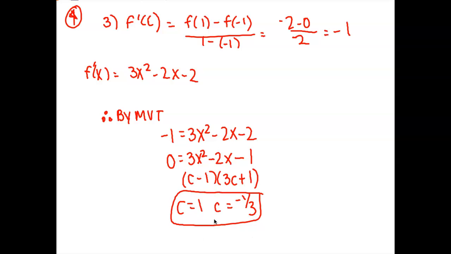I ended up changing that because we always say f prime of c. And we get that c is equal to 1 and -1/3. Both of those are in my interval. Therefore, they are both values that guarantee the slope of the secant equals the slope of the tangent.